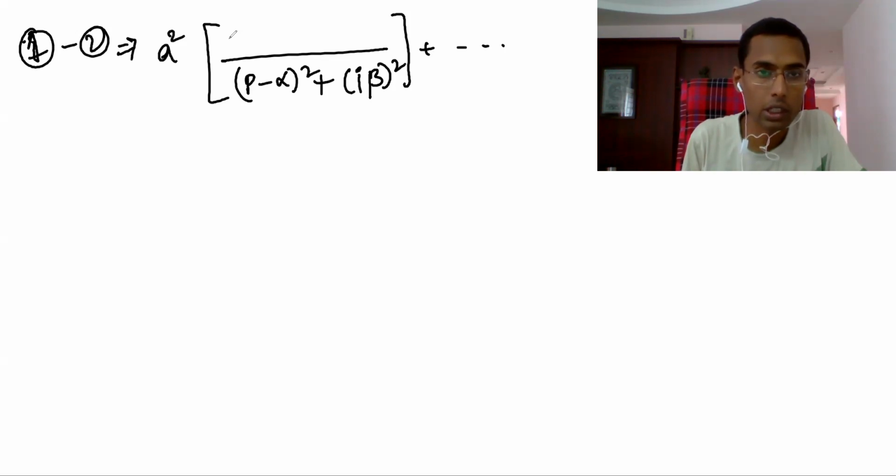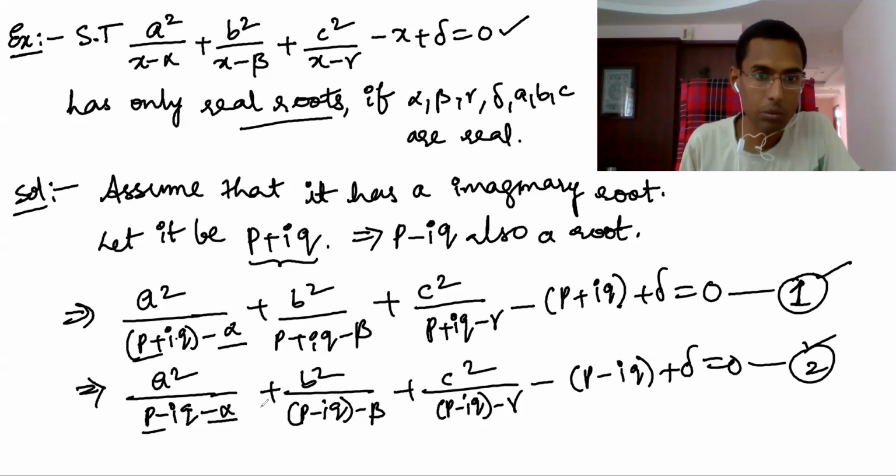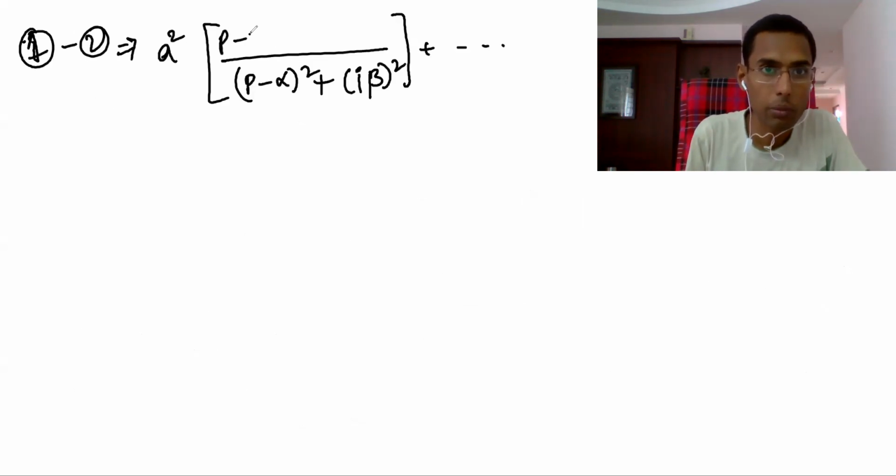I have taken a square common, so p minus iq minus alpha is subtracted, minus p, minus iq, then minus, and here plus alpha.